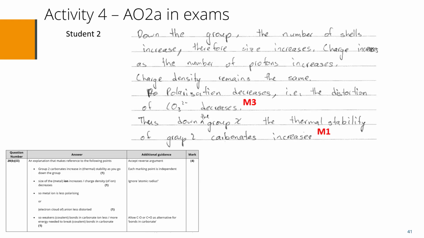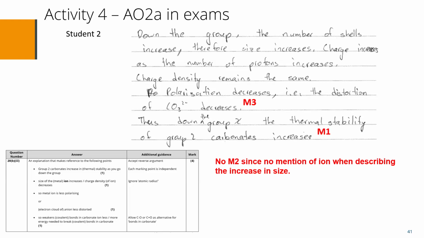And it does say over here, size of metal ion with ion in bold type. So since there's no mention of ion when describing the increase in size, I'm not prepared to award M2 there. They have to mention the ion. Okay, they could have got away with charge density decreases, but they say charge density remains the same, so they can't have that particular mark.